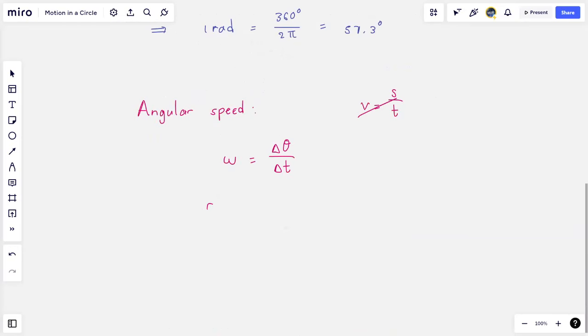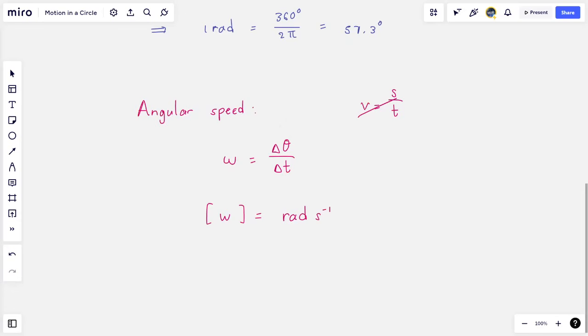And so what this means is my angular speed, when you use square brackets to indicate units, my unit of measurement for omega will be the number of radians I cover every second, so rad per second. And so we have to remember that angular speed is delta theta by delta t.